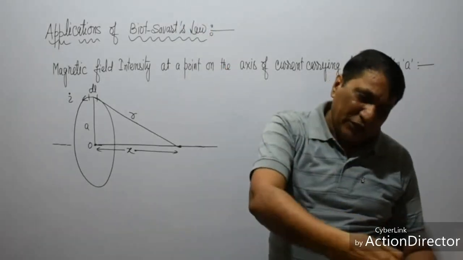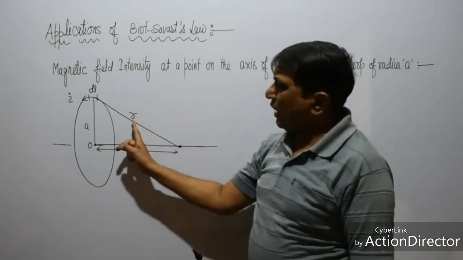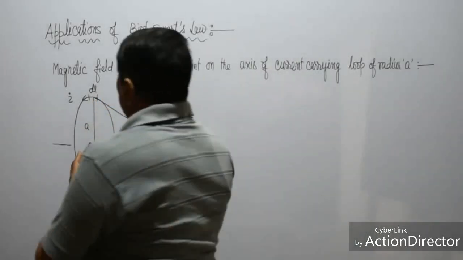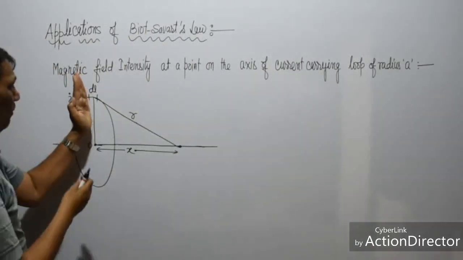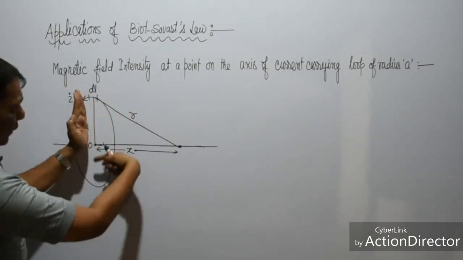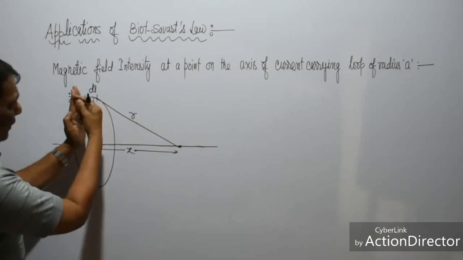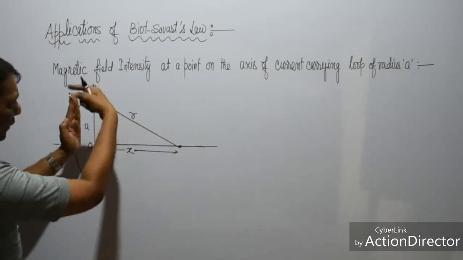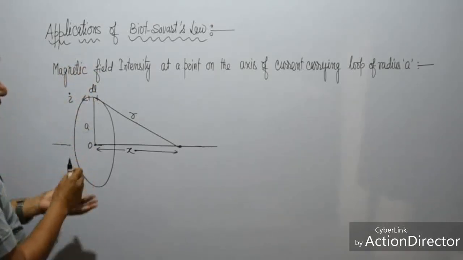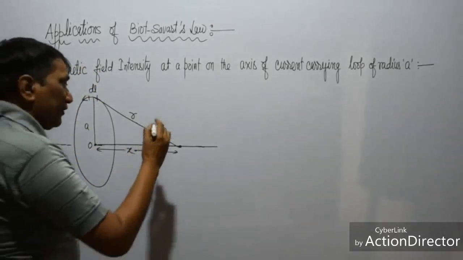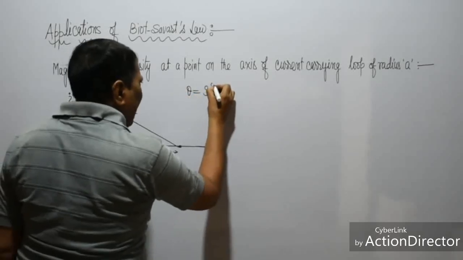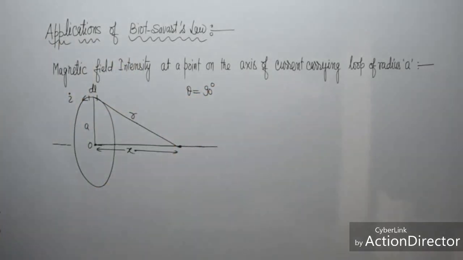So here this line is at an angle 90 degree to this loop, because loop is of this case. तो इसके इस लाइन और इस लूप के इस लाइन सेगमेंट के बीच बनने वाला एंगल कितना होगा? 90. So here theta is equal to 90 degree in Biot Savart's law.